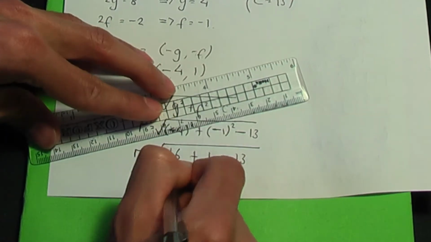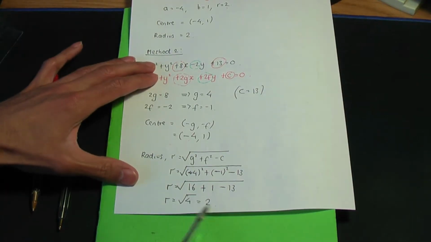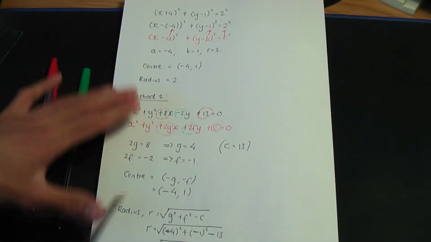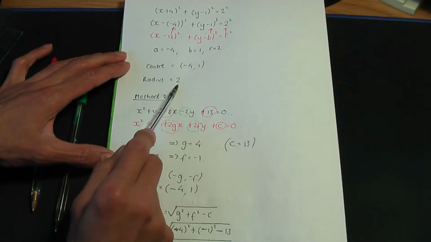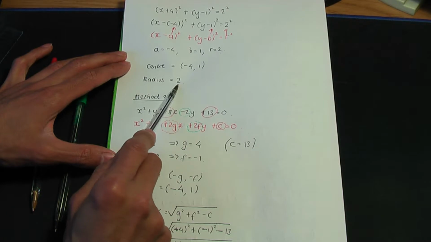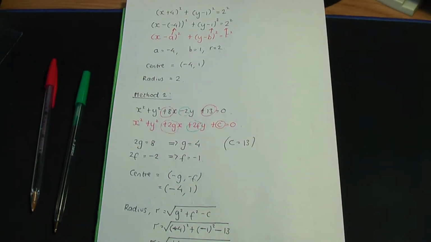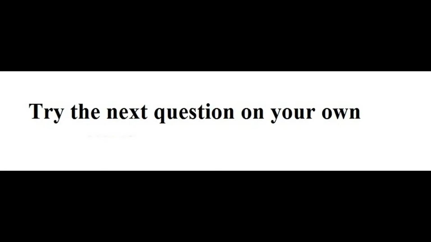So it's the square root of 4, which is 2, being the value for the radius. As you can see, this is exactly what we had before using method 1, where we also had the radius value of 2. So what I'm trying to say is you can either use method 1 or method 2 in order to work out the centre and the radius.